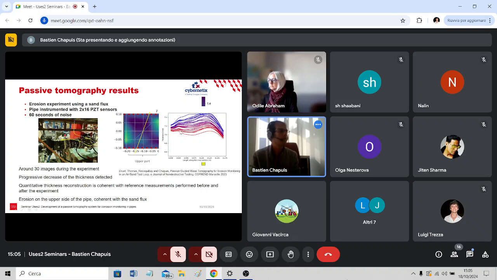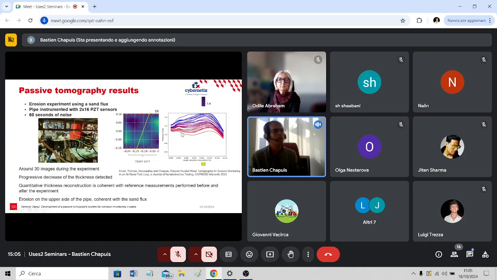Yes, but what I've not really made precise here is that you have this first blue line. There is also strong temperature variation during the measurement, because due to the sand impact, the temperature of the pipe wall increases during the experiment.